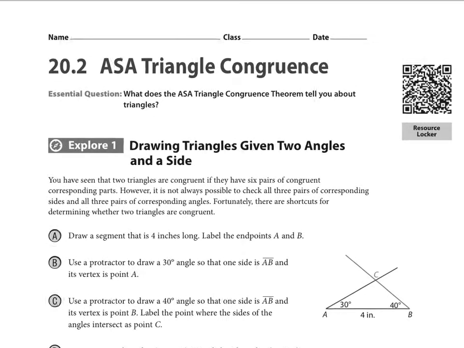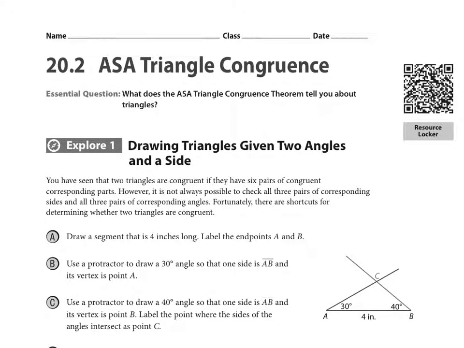As you can tell by this title, ASA stands for angle, side, angle. And it's the parts that we'll need to conclude the triangles are congruent. It means that we need 2 pairs of angles, so 2 angles from one triangle are congruent to 2 angles in the other triangle.